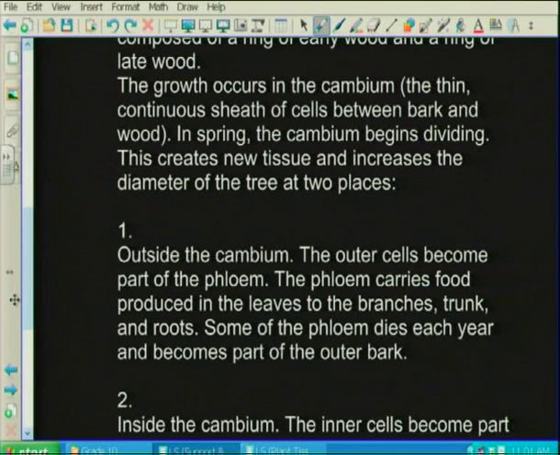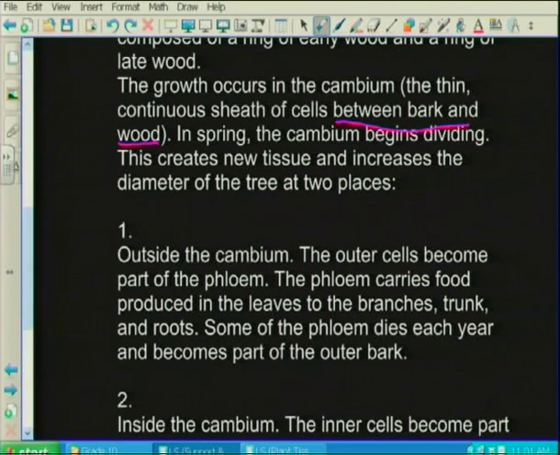The growth occurs in the cambium, remember where that is, and this is the thin continuous sheath of cells between the bark and the wood. Remember the cambium linked up with the parenchyma cells, which became meristematic, and then cells started dividing to the outside the phloem, to the inside the xylem, and this is where the growth of the tree occurs.